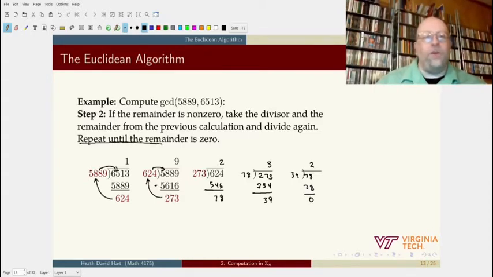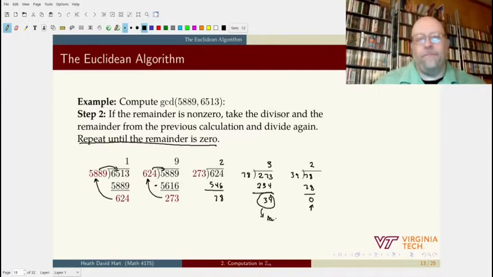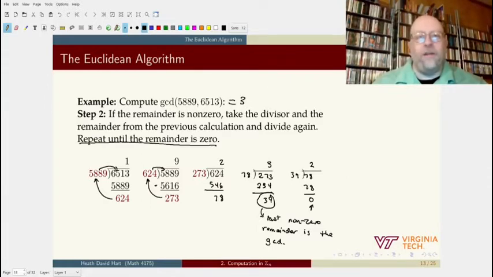We repeat until the remainder is 0. We eventually will get a 0. And the previous number is the GCD. The last non-zero remainder is the GCD. And so the GCD of these two numbers is 39, and it's not equal to 1.